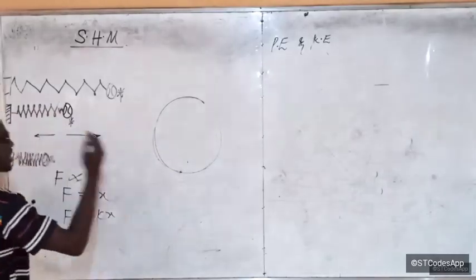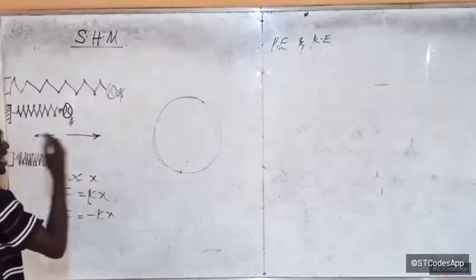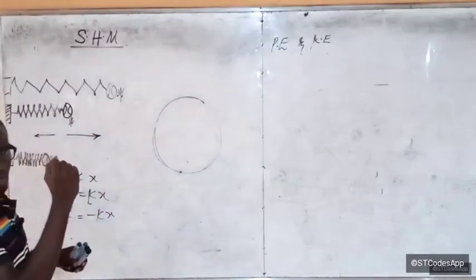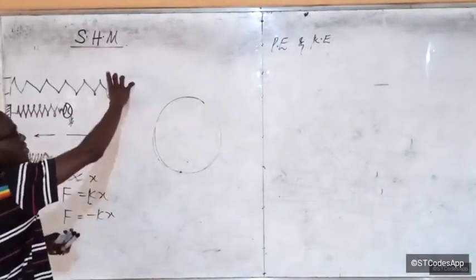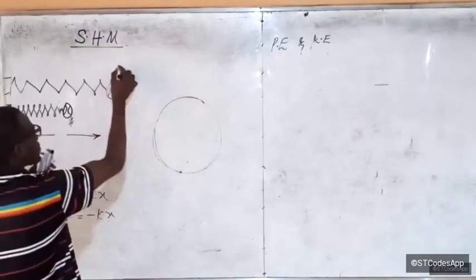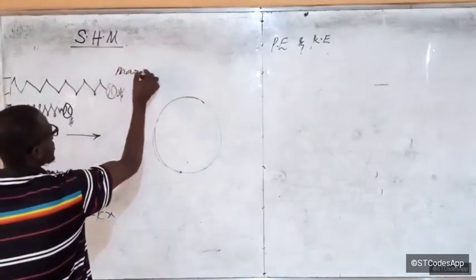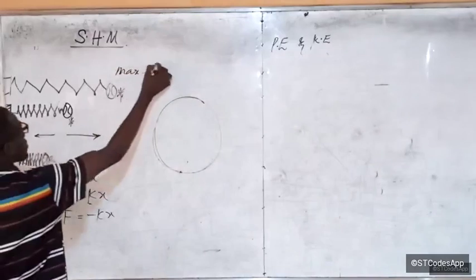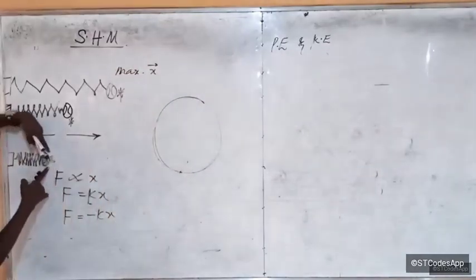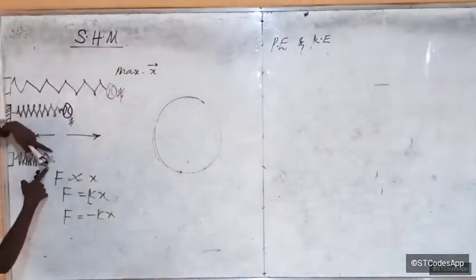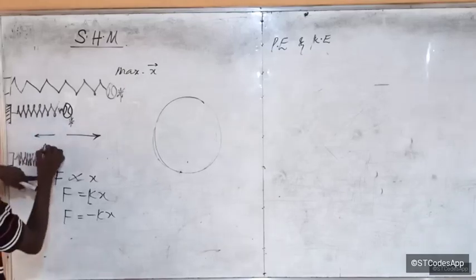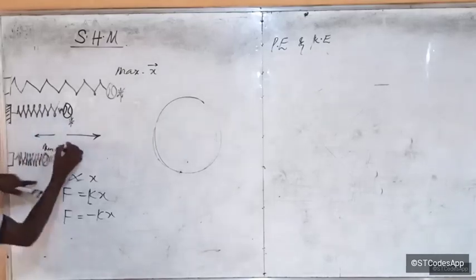Now, when this body moves like this, it's going to experience brief pauses at the point of its maximum displacement. And here, it's going to experience what? A pause also at its minimum displacement.